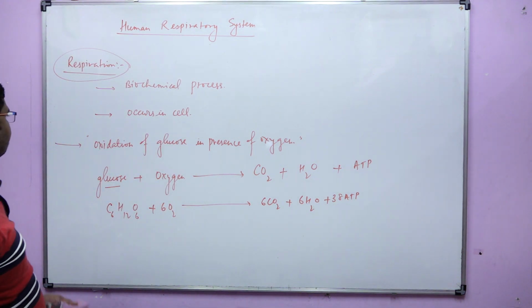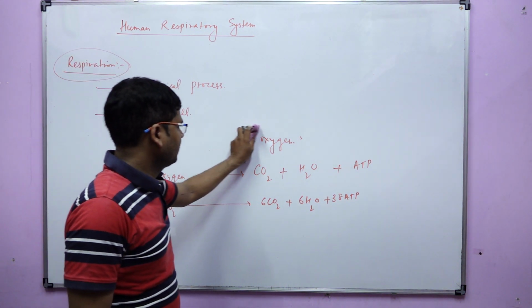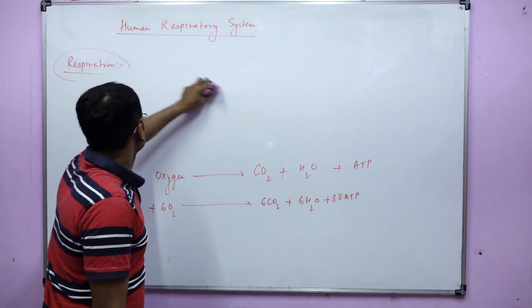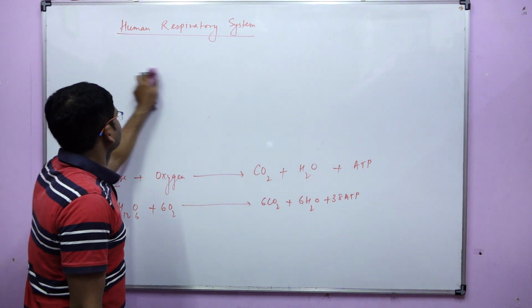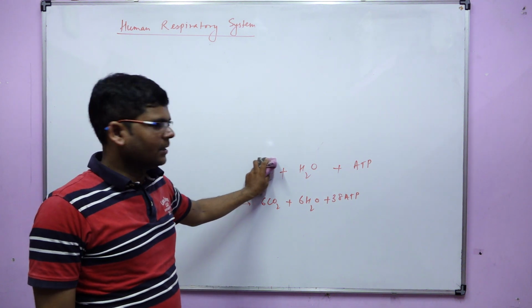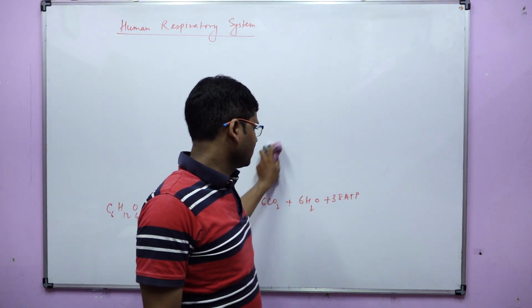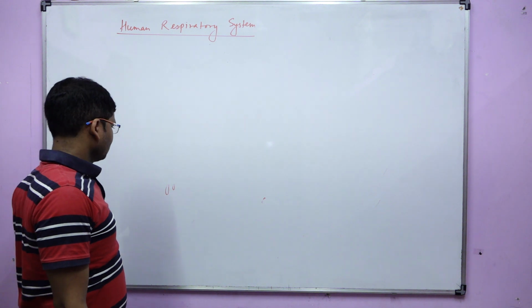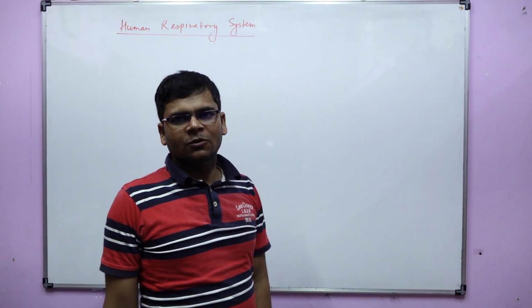Let us take the basic concept of what changes occur in a cell. We are not going to study in detail the steps of respiration, but we will just talk about the two main phases.